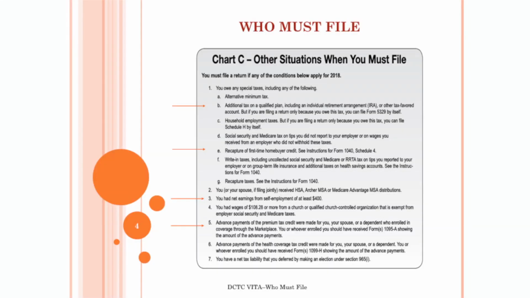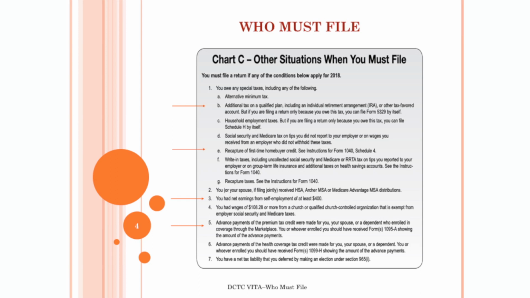Okay, so now chart C deals with other situations when you must file. I have arrowed four of the most common ones for our client-based taxpayers. You must file a return if any of the conditions below apply for 2018. Once again, this is chart C. You owe any special taxes.